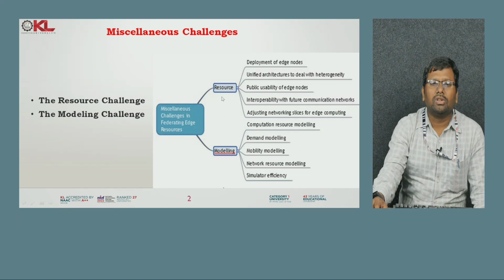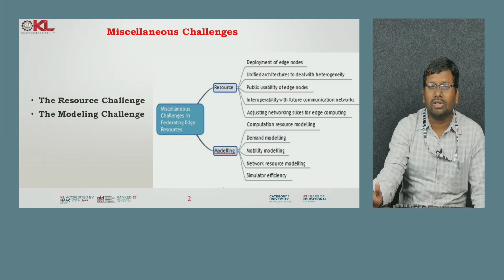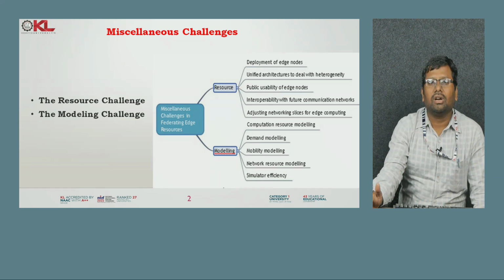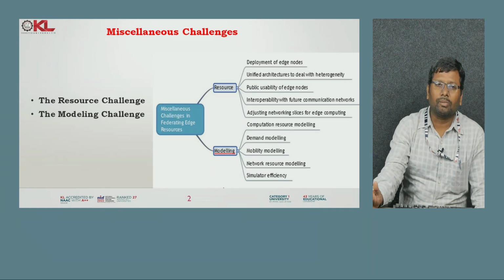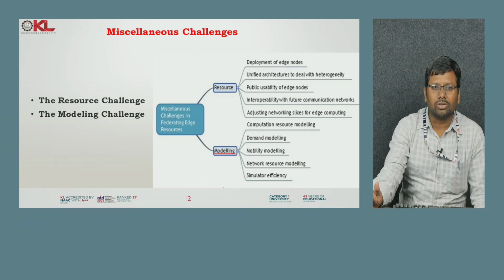When we talk about the resources, what are the challenges that need to be addressed with respect to edge computing that are coming from the resources? Deployment of the edge node. In order to utilize edge computing applications, we first need to deploy the edge resources, that is, the edge nodes.